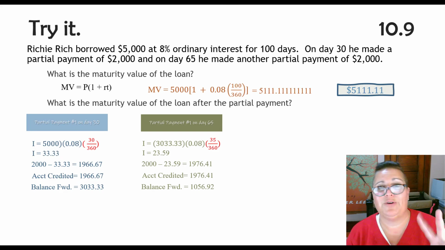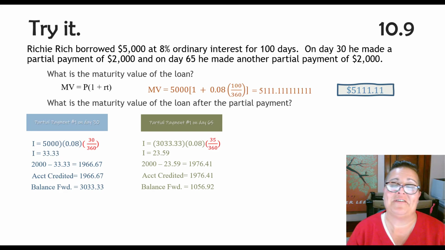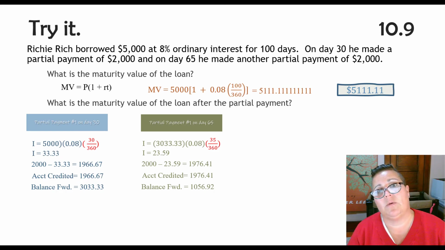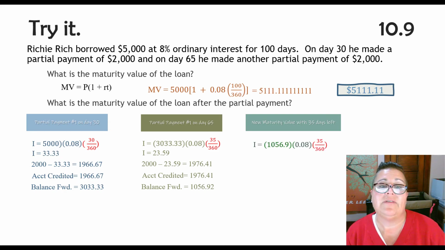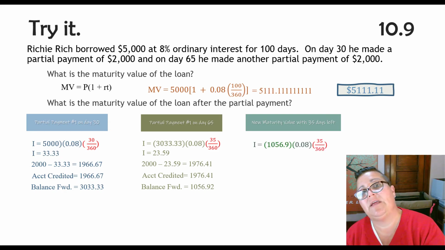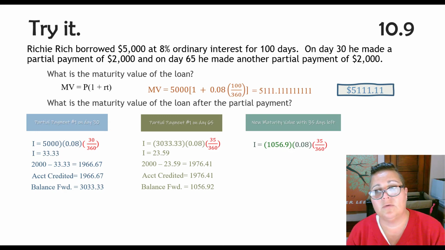Since we're only doing two partial payments, this is now the amount that's going to be carried to the end. We're on day 65, and the loan is going to day 100. So we only have 35 days left in the loan. Our newest maturity value will be based on the balance of $1,056.92 at an interest rate of 8% for the remaining 35 days left on the loan.